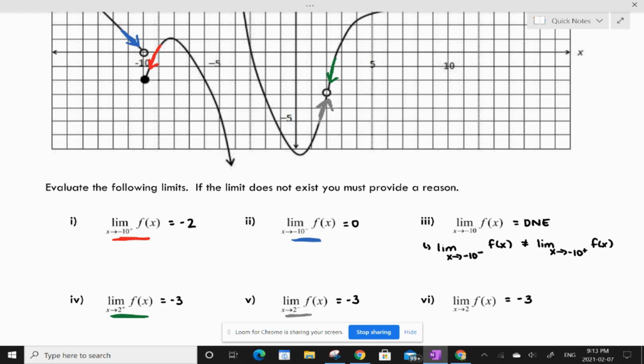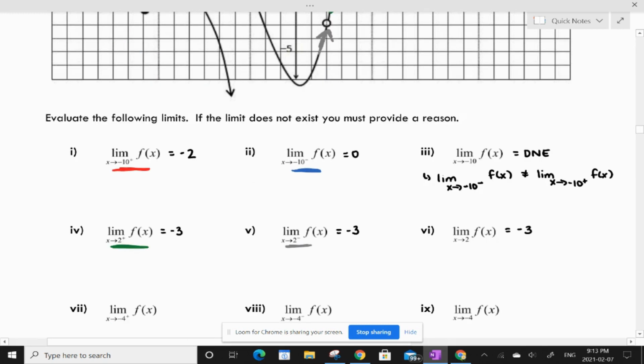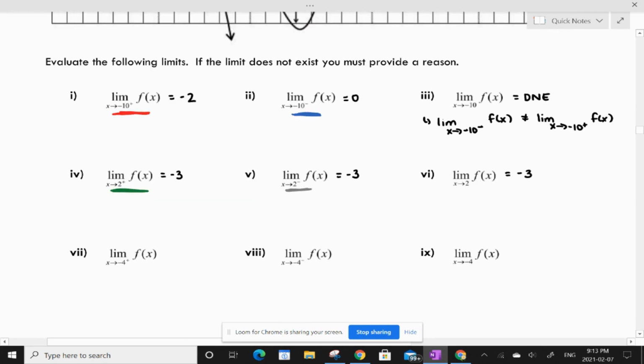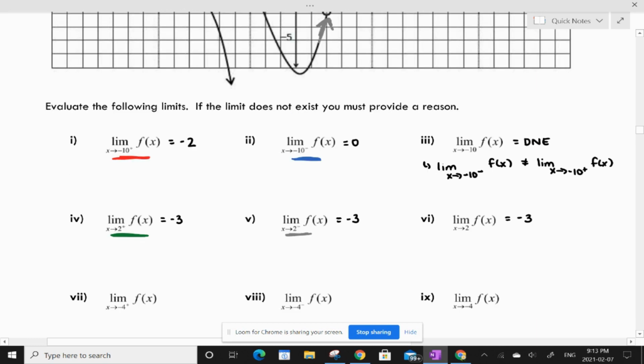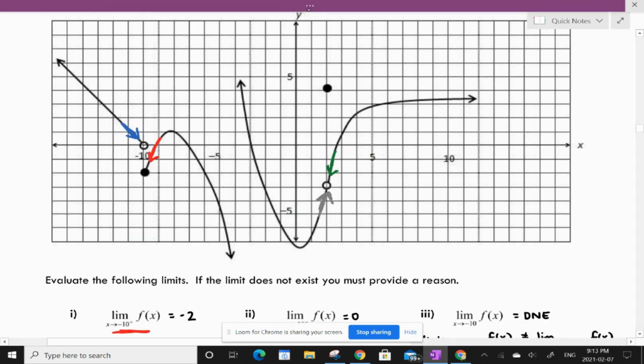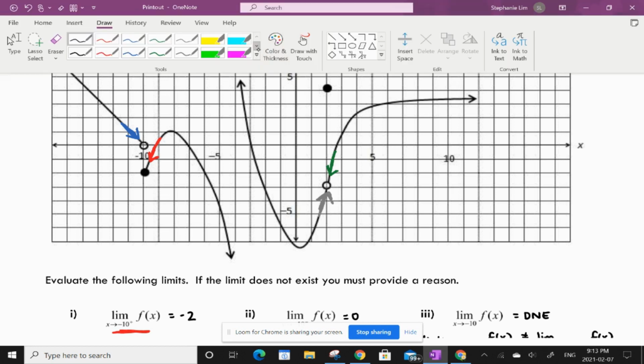All right, the last portion. It's asking the limit as x approaches negative 4 from the right-hand side for f of x. So I'm going to scroll back up to the graph. If I take a look at the right-hand side of negative 4, I'm going to use purple to help me out here.